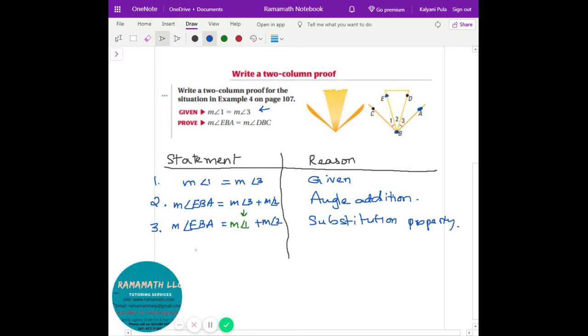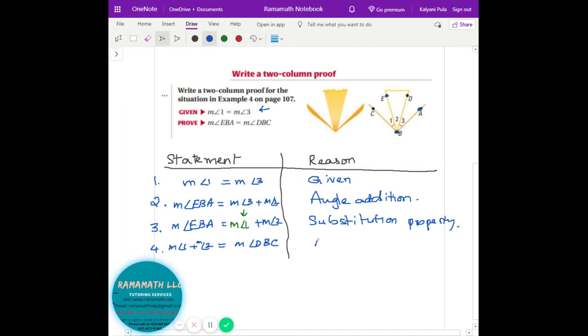Okay, so now from number 4, next step. I can write measure of angle 1 plus angle 2 is the same as measure of angle DBC. So if I add 1 and 2, I get DBC.